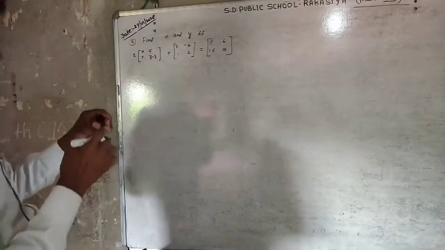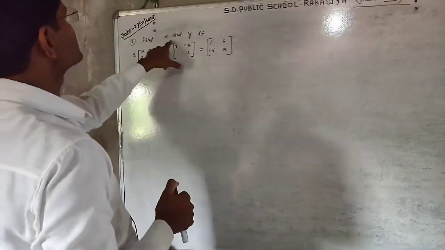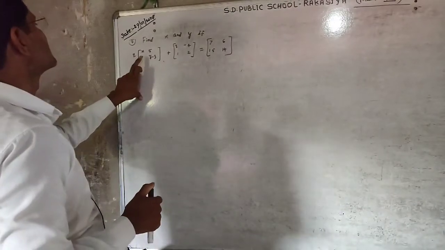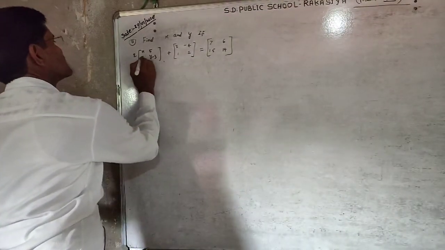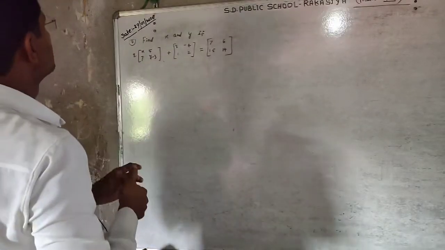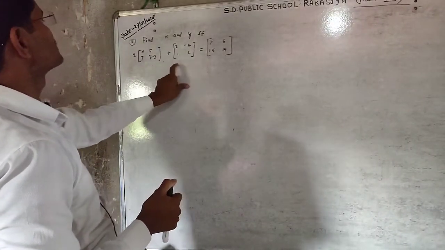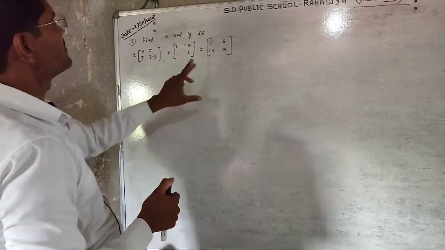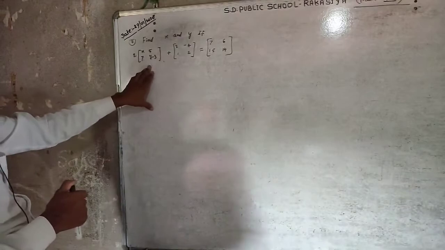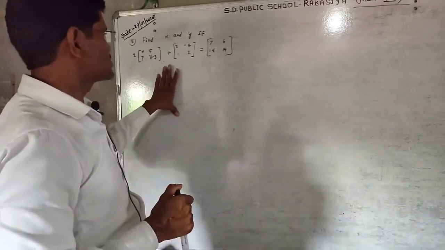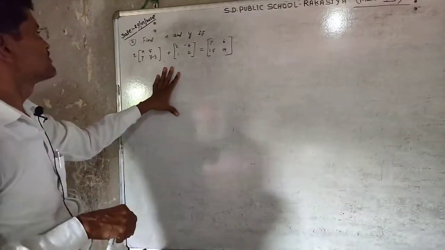The next problem is: find x and y if 2 into [x 5; 7 y minus 3] plus 3 into [minus 4 1; 2 ...] is equal to [7 6; 15 14]. This problem is based on the property of equality of two matrices.